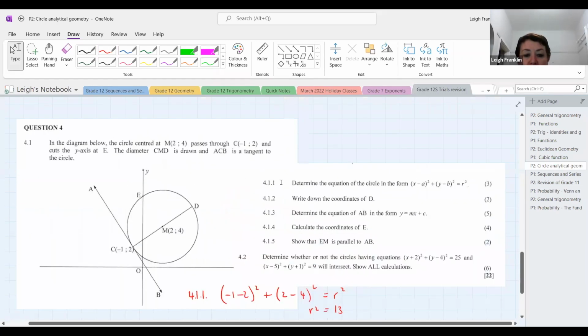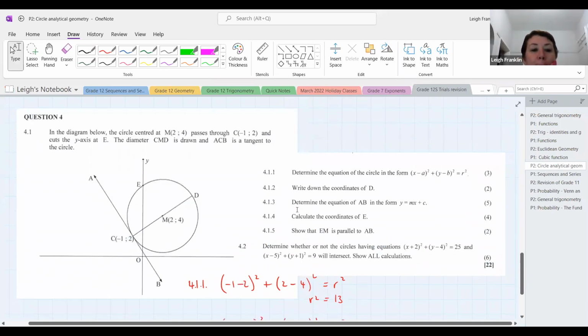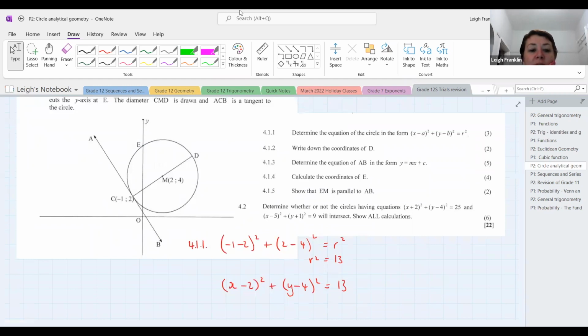Okay, lovely. Let's see if we can do 4.1.2, the coordinates at D. How do we think we would do that? Okay, so the rest of you can work out D in the meantime if you want to.